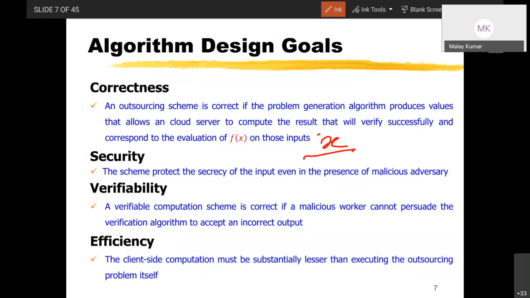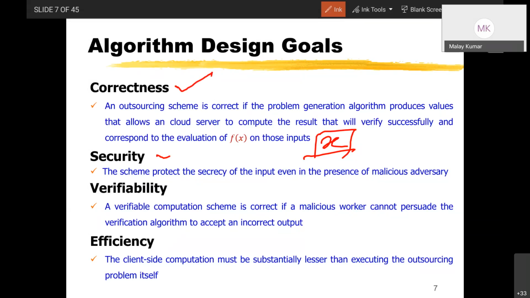So the point is, the intended result that a client wants to achieve while executing its function over input x should be satisfied. That defines the correctness.